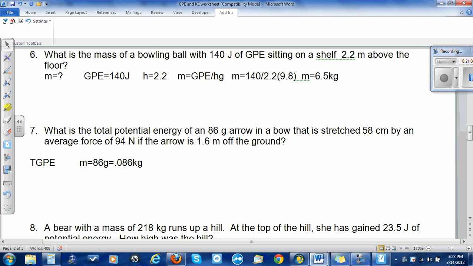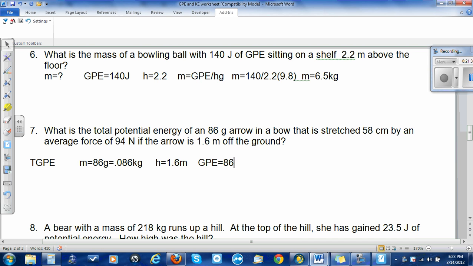Remember what the units are. We don't need that 58 centimeters, and we can ignore that 94. We'll add that in later. And the height is 1.6 meters. Okay, so again, we're going to solve for what we don't know, and they're already giving us a partial one.